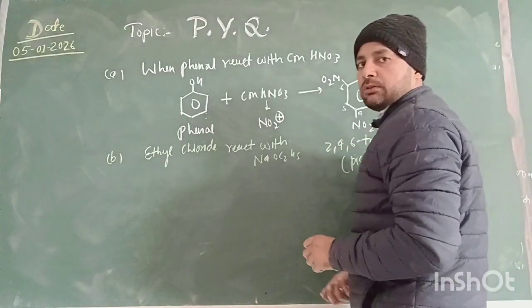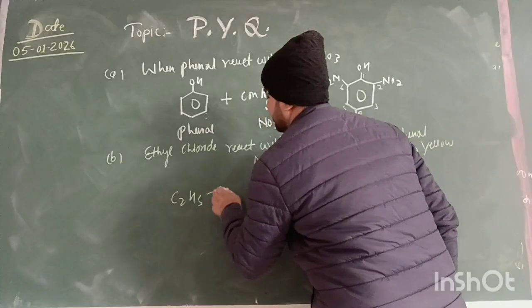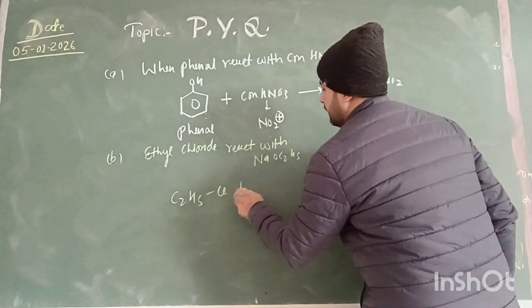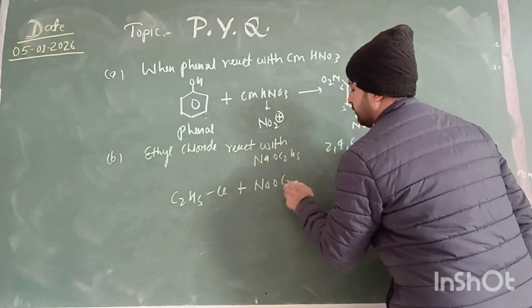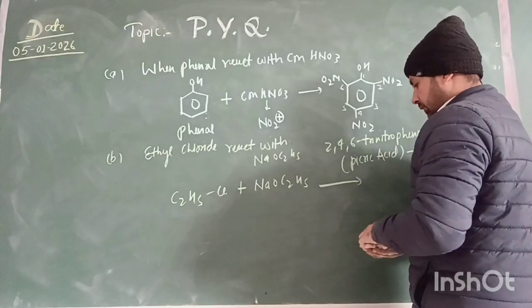Okay, so ethyl chloride is what? C2H5Cl. Okay, this is ethyl chloride. Now it will react with NaOC2H5. Okay, so what will happen?